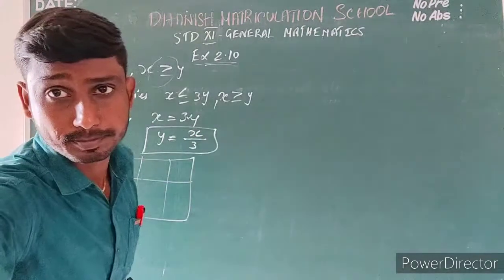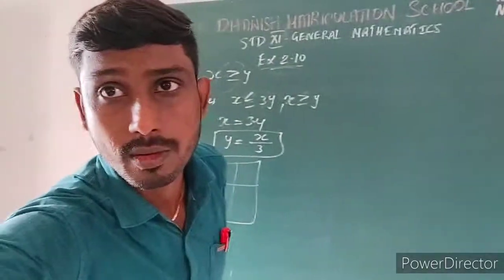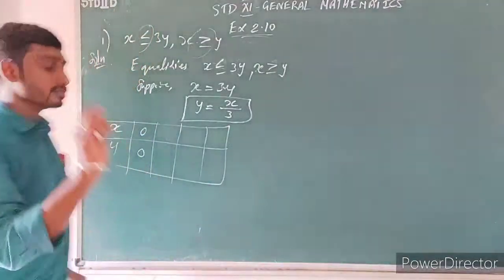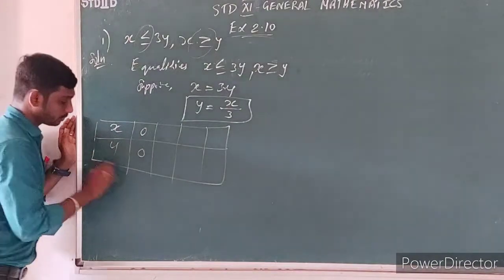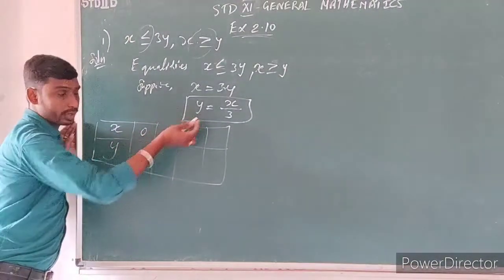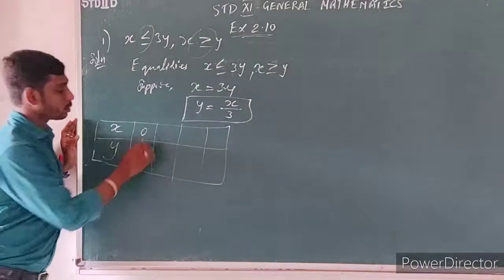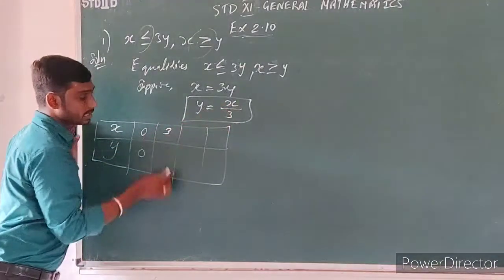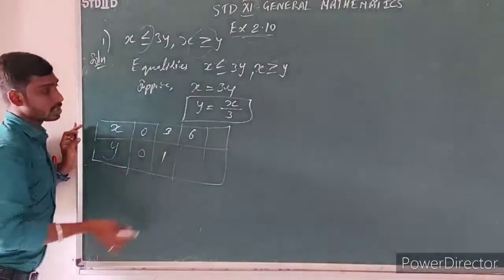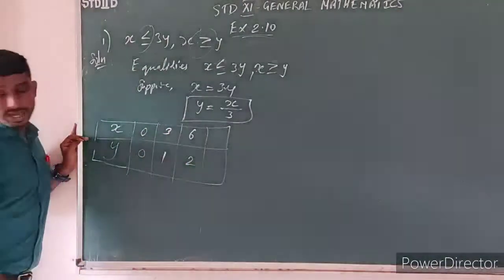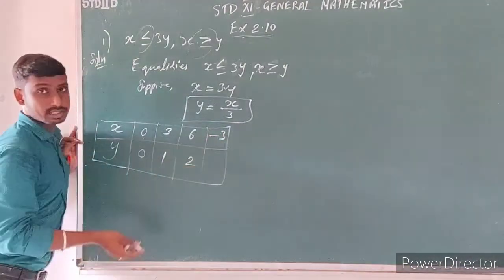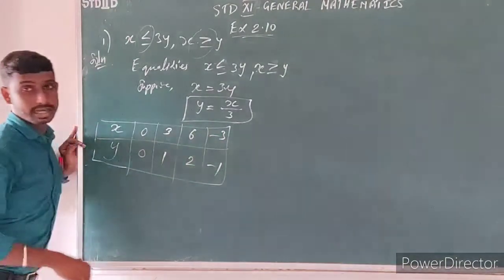Now substituting x is equal to 3, the 3 cancels and the answer will be 1. Then x is equal to 6 gives y is equal to 2. Then substituting x is equal to minus 3, we get y is equal to minus 1.